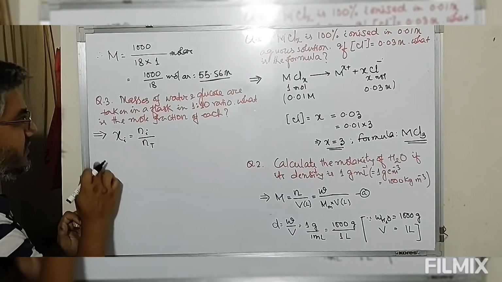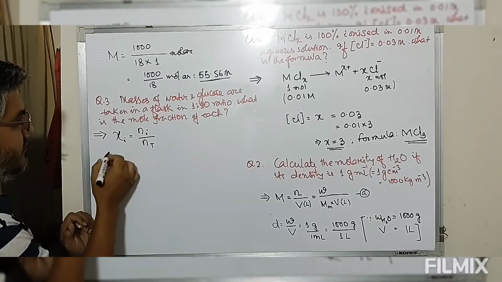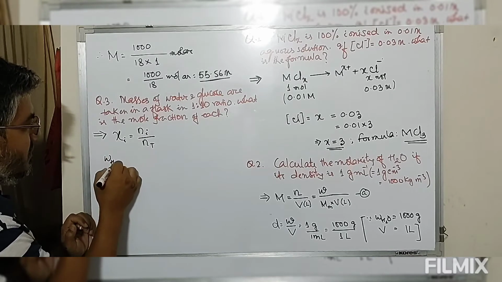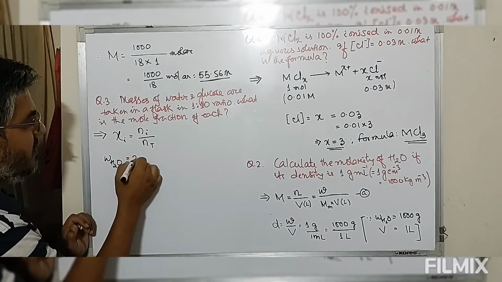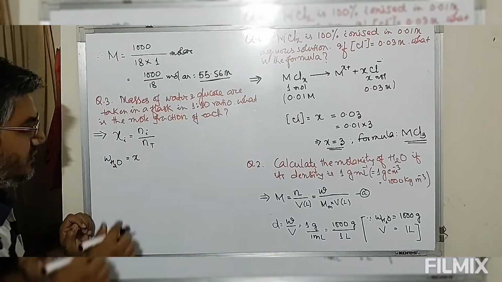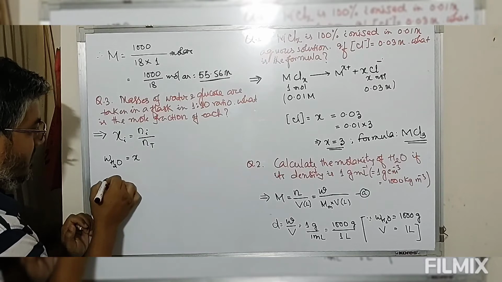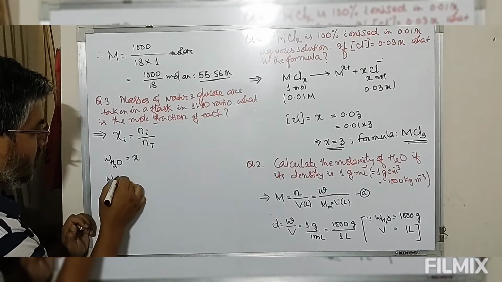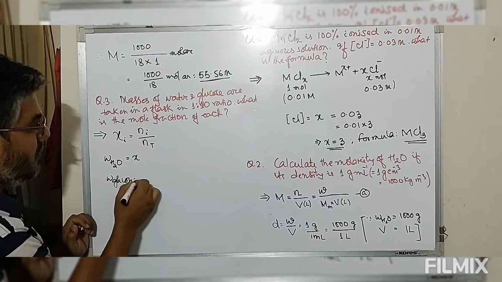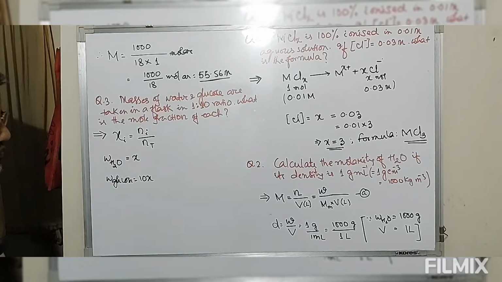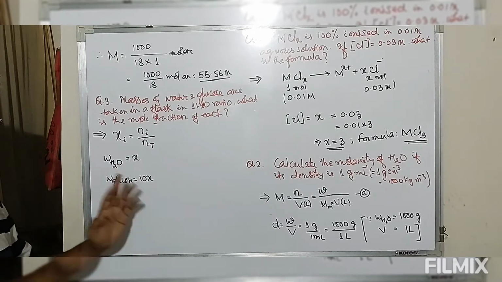So now look at this. Let the mass of water be x into 1, then mass of glucose will be 10x, so that ratio comes out to be 1:10.